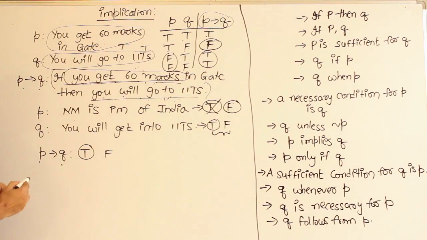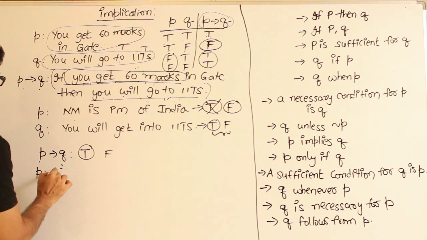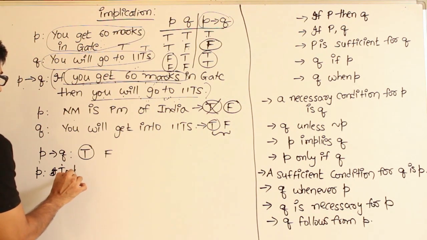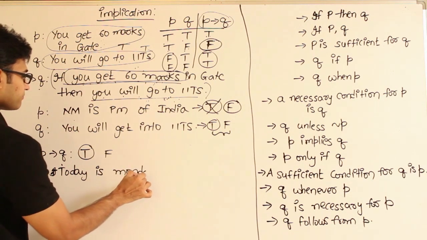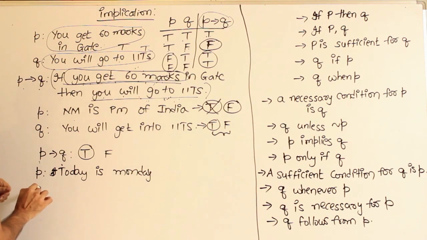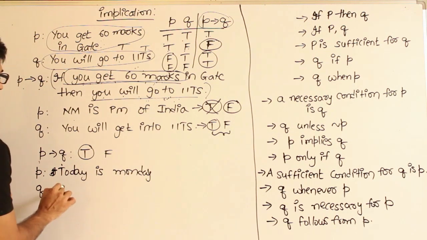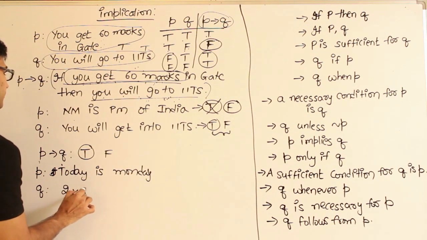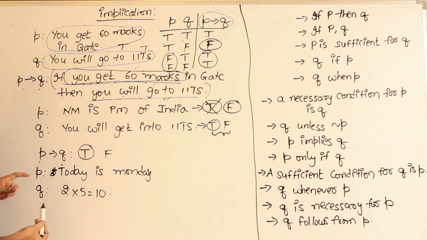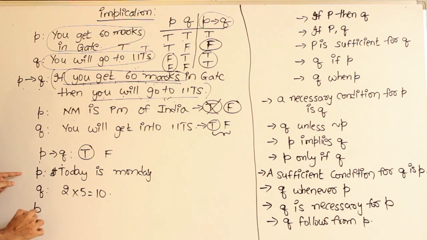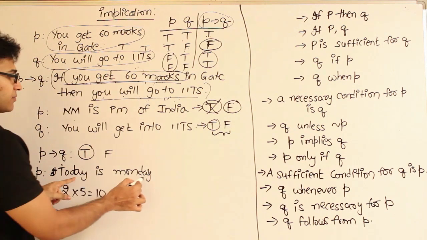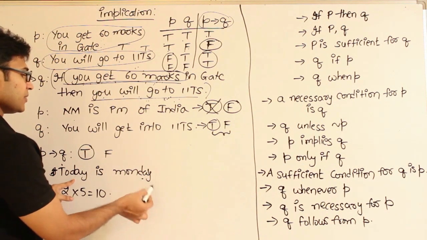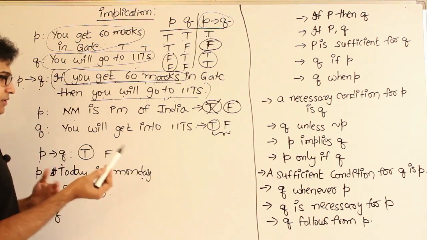Let us say P is: today is Monday. Q is: 2 into 5 equal to 10, right? Now, what happens to P implies Q? See this. Today is Monday. It will be true on Monday and false on some other days.